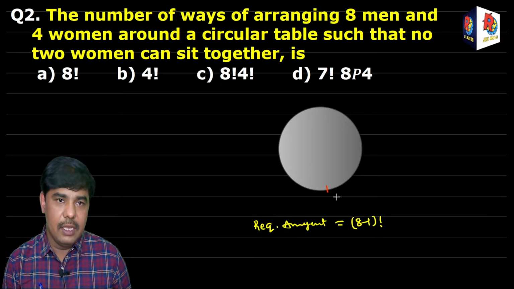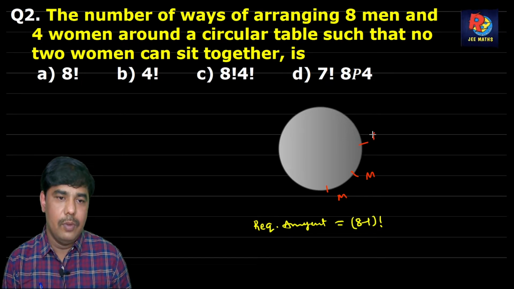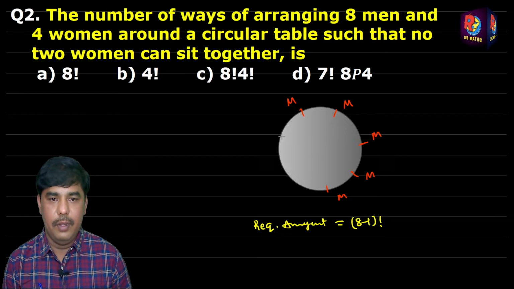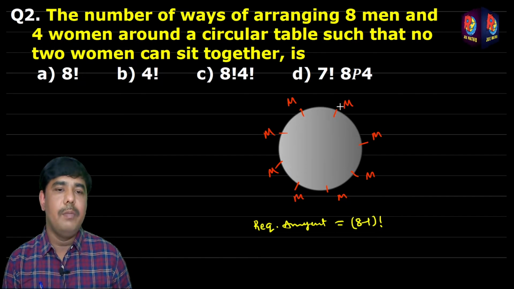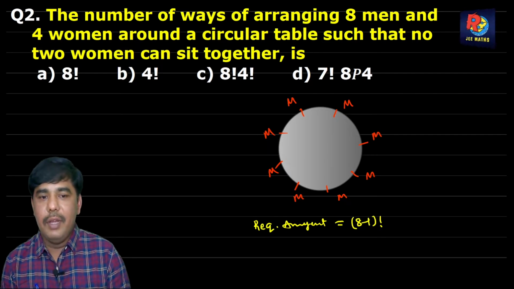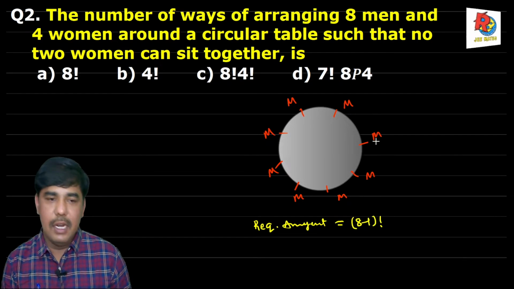After arranging the 8 members, you can observe this. I can take 1, 2, 3, 4, 5, 6, 7, 8. 8 men I arrange like this. After the arrangement of 8 members, how many gaps are there?